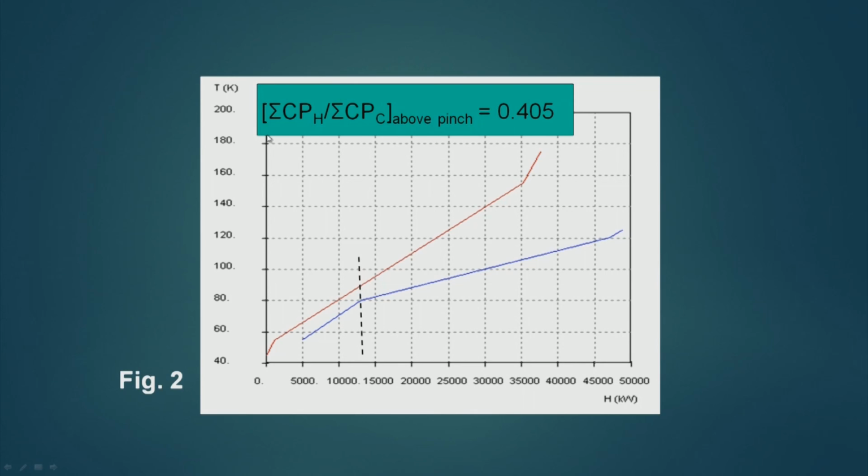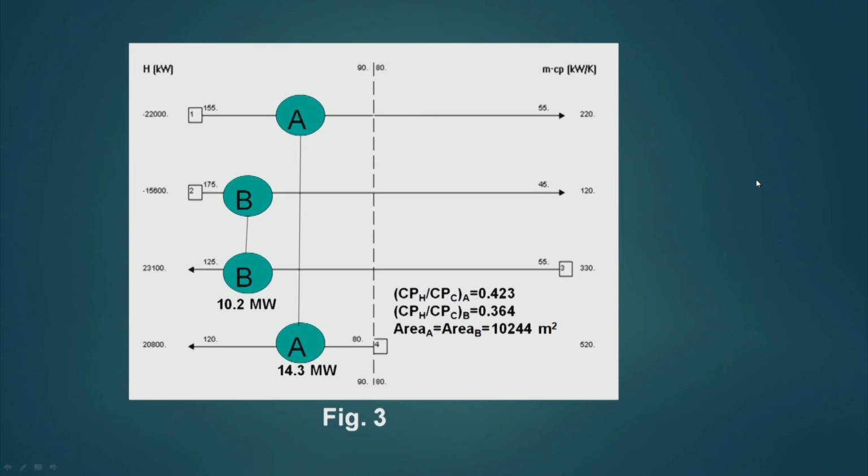Now, we have taken the stream table, then we have plotted the composite curve here. Now, here near the pinch, the summation of Cph by summation of Cpc above pinch area, this is above pinch area, is 0.405. Now, this is above pinch area.